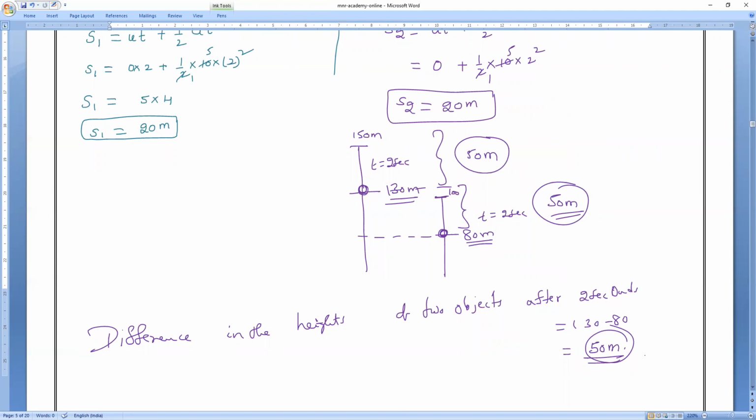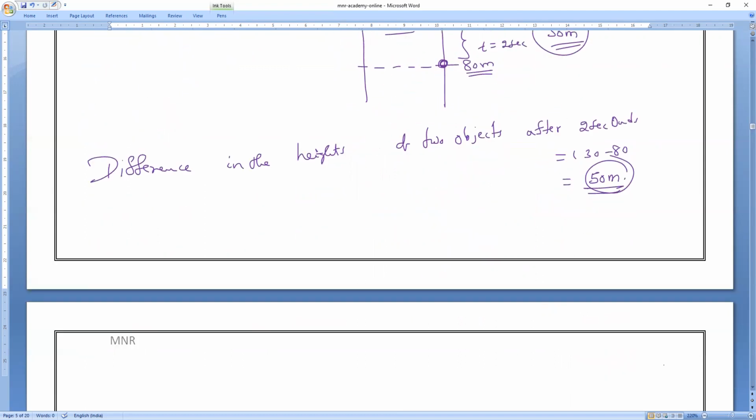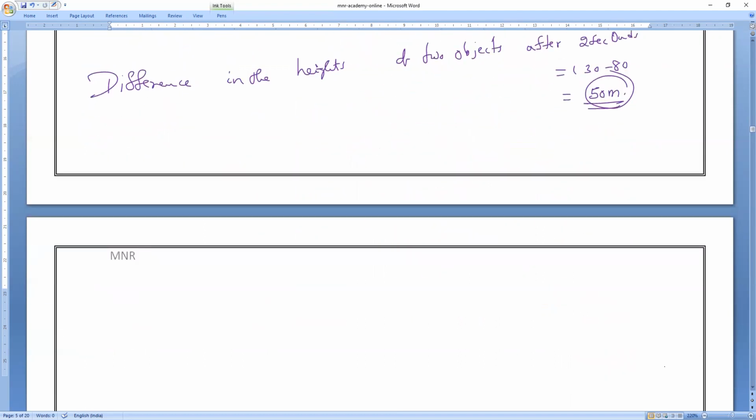So for the two objects, is the height difference the same or not, when the time is increasing also? Yes, sir. Same. So the difference in heights of the two objects is the same.